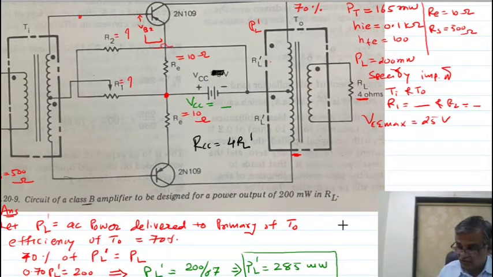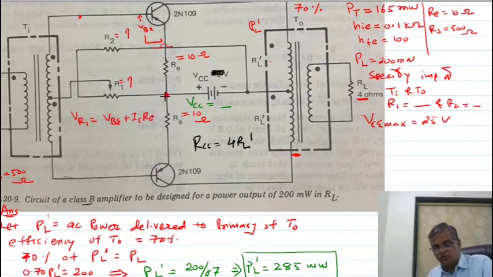I can write the voltage across R1, VB. Here you cannot see, let me write here. The voltage across R1 between these 2 points, VR1, I can write as VB plus ICRE. Between this and this point, the voltage across R1 is the VB voltage plus ICRE.